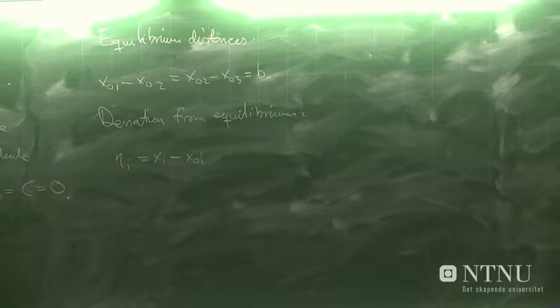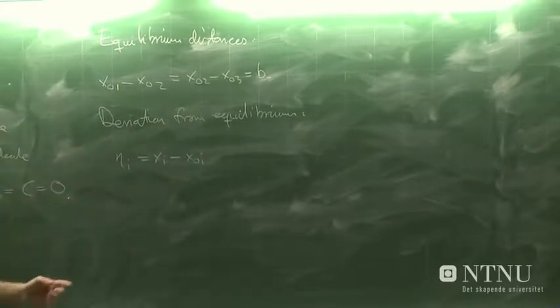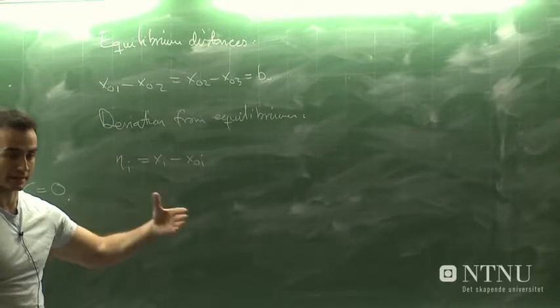Now, in our theory, we have defined the deviation from equilibrium, these etas, as the position of particle i minus its equilibrium position. So it's the deviation from equilibrium.